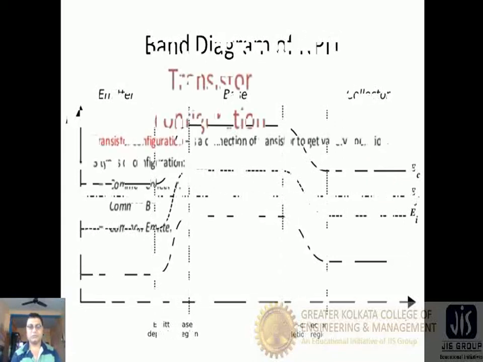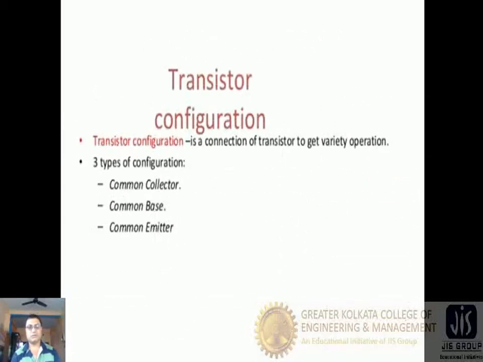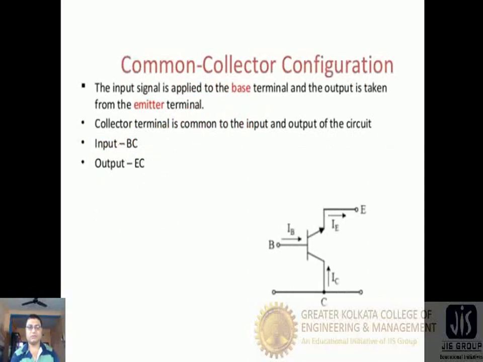So let us move to the transistor configuration. There are three types of configuration of the transistor: common collector, common base, and common emitter. That means we can connect the transistor in three different ways to build up a circuit. So first, let's discuss one by one.